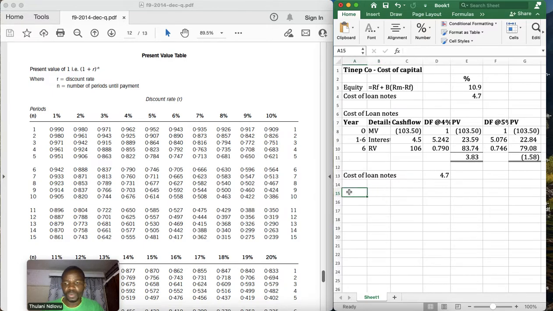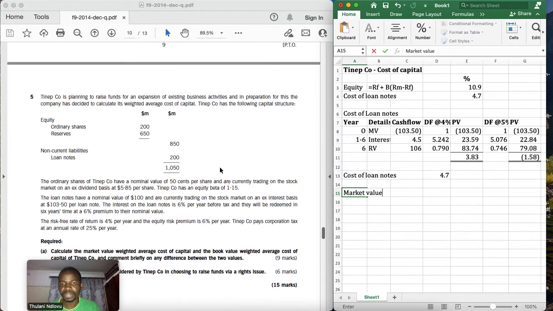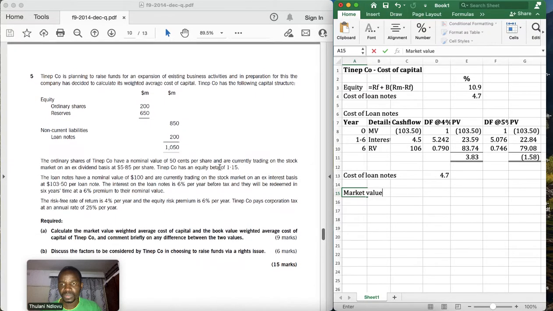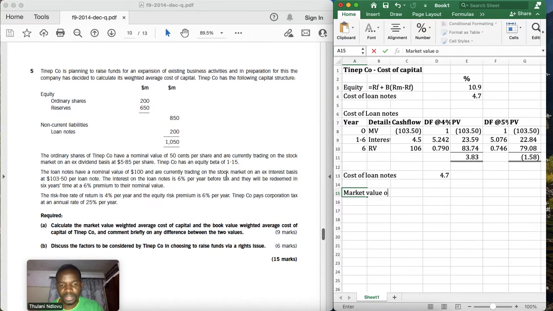Now we have to go finally to calculate our weighted average cost of capital. We will start with the market value weighted average cost of capital. Let's display our question.